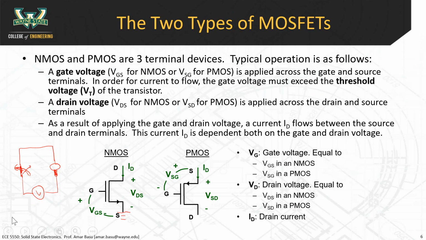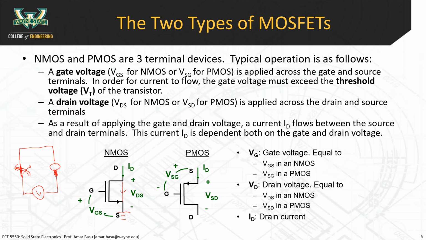Now, in an NMOS device, these are the two contacts for the switch, the drain and the source. So the current is going to flow from the drain to the source. And the purpose of the gate is that it controls whether the switch is on or off. So when you apply a gate voltage and that gate voltage is greater than the threshold, then you can imagine that there's current conduction between the drain and the source.